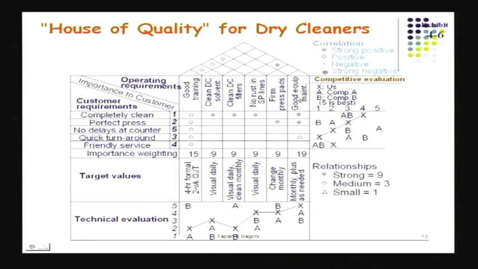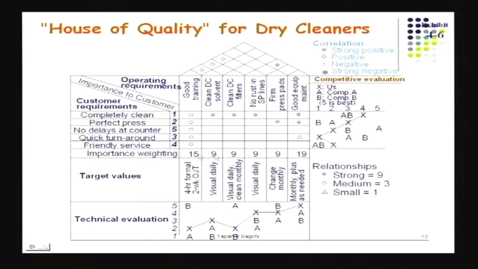If you do these things, you are going to be able to take care of these requirements. So notice here, this did not come from the customer. The customer just gave me these, and these came from my own people. That is the experts, they are operators, they are designers and so on. They are familiar with the dry cleaning business. They are the ones who say, if I have these things, we should be able to do that.